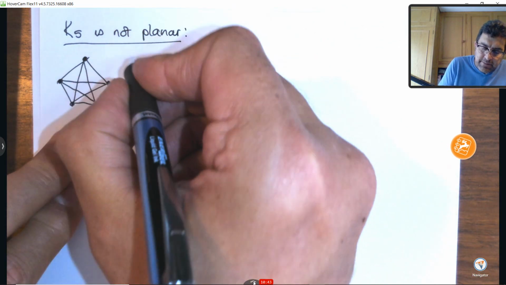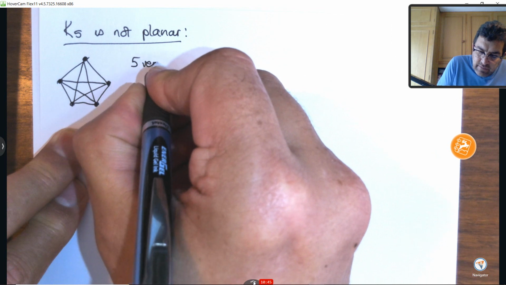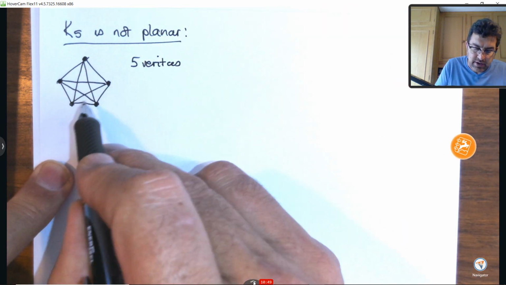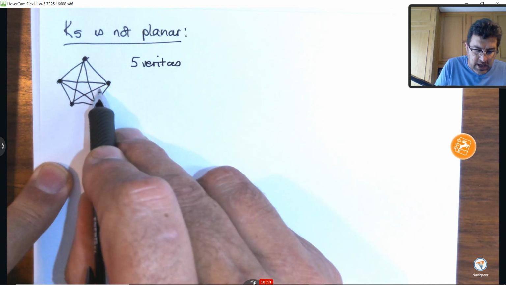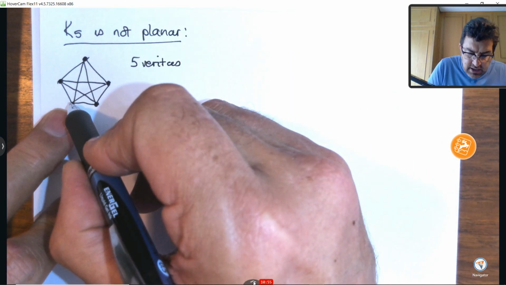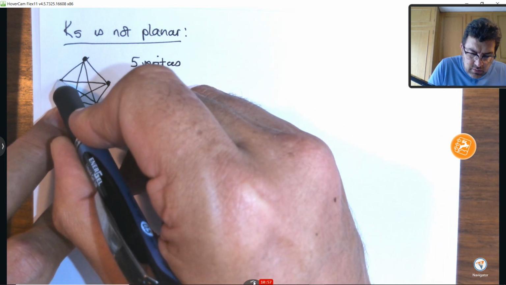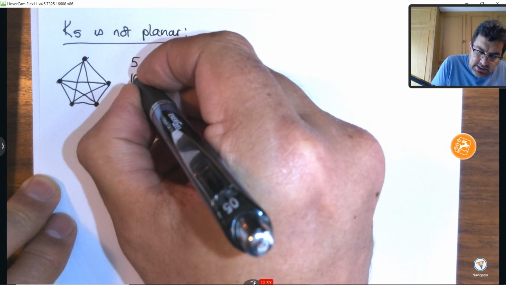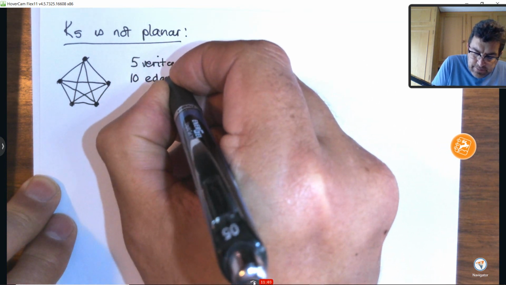So let's see. It has 5 vertices. How many edges? 1, 2, 3, 4, 5, 6, 7, 8, 9 edges. Let's just count again. 1, 2, 3, 4, 5, 6, 7, 8, 9, 10. So there's 10 edges.